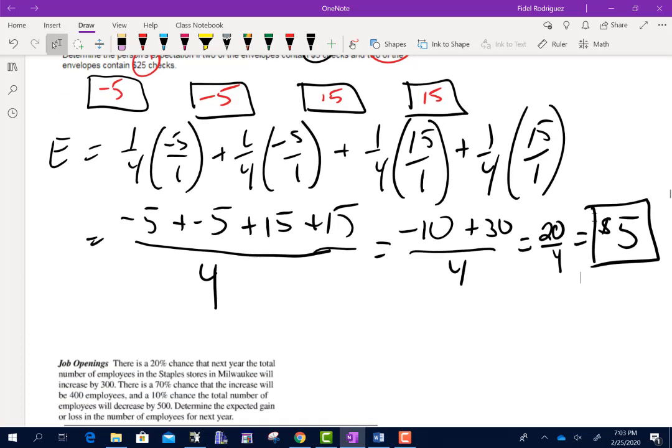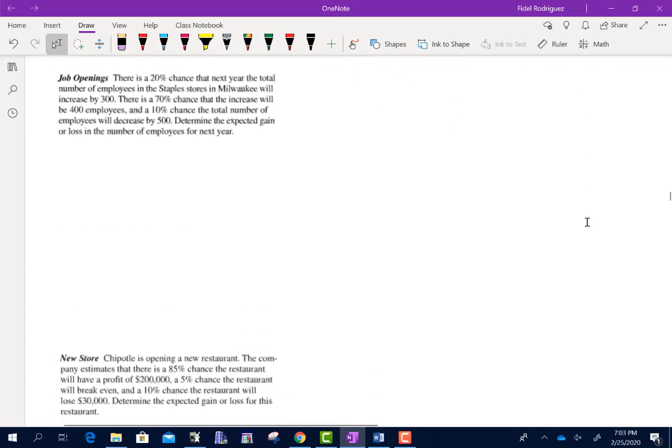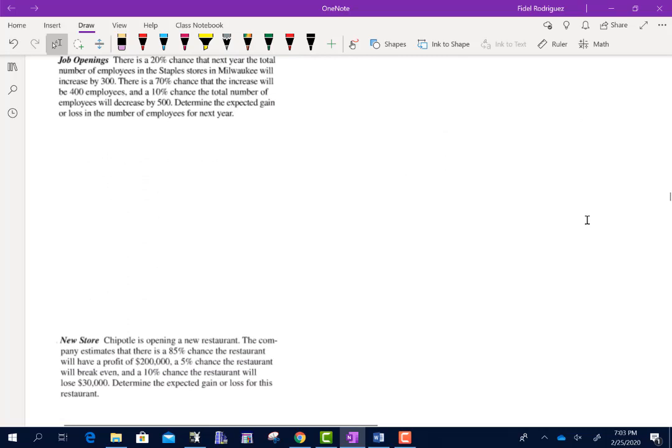Let's scroll on to the next one here. It says there's a 20% chance that next year the total number of employees in the Staples stores in Milwaukee will increase by 300. There's a 70% chance that it's going to increase by 400, and a 10% chance that it's going to decrease by 500.